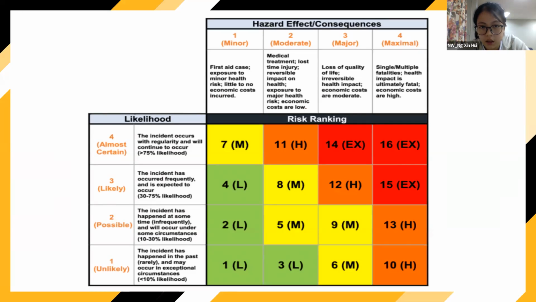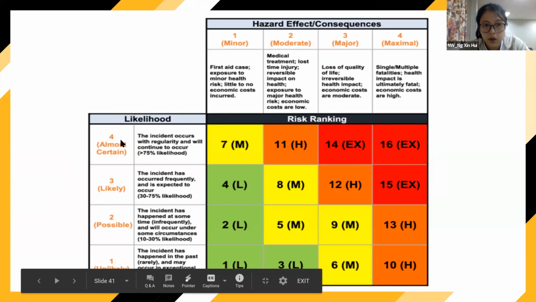So you can just take a read at how, for example, if you know that this hazard is a minor hazard, it will be 1. And then the likelihood of it occurring, if you are certain that it always occurs, then there will be a higher chance of it happening, and that's how you get your higher risk ranking. As you can see here, there's low, medium, high, and extremely high.